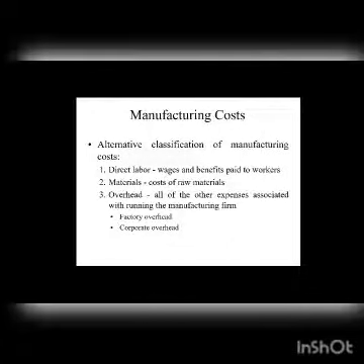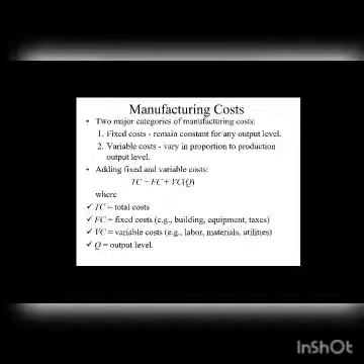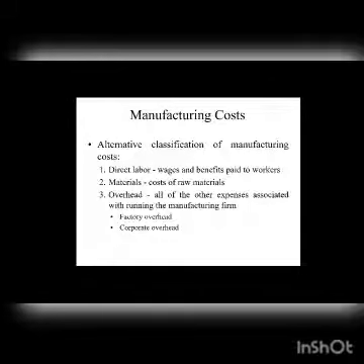Alternative classification of manufacturing costs. You can differentiate it into fixed costs and variable costs, and there is another classification by which you can segregate the manufacturing costs. One is direct labor, wages and benefits paid directly to the workers who process the product. Materials, the cost of raw materials.